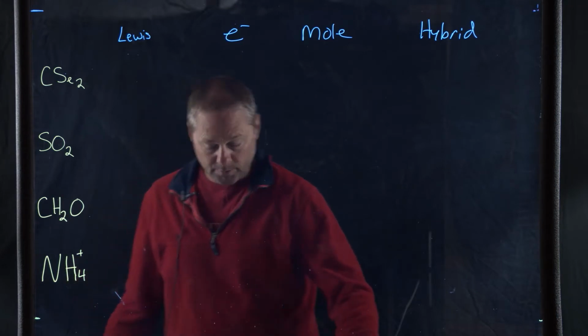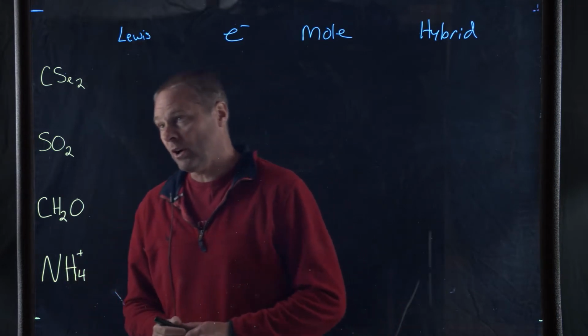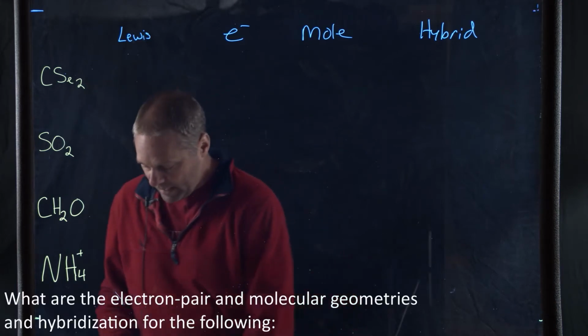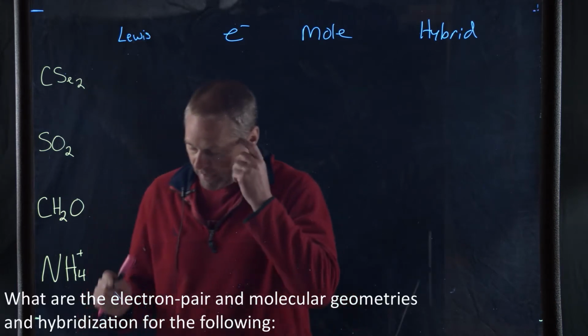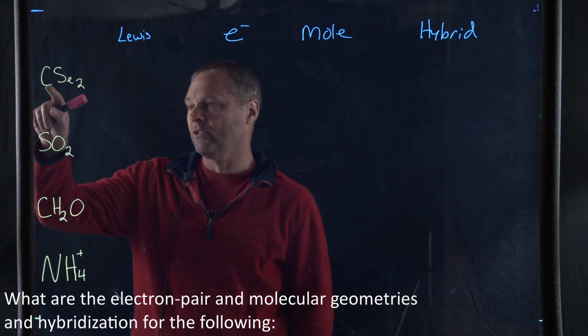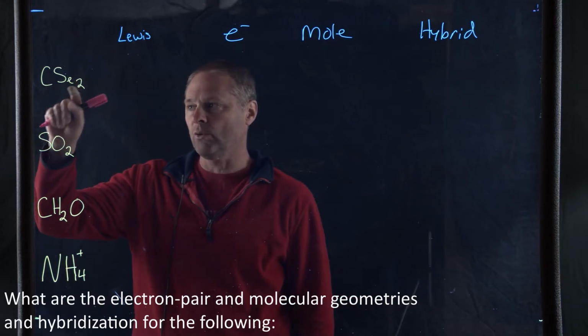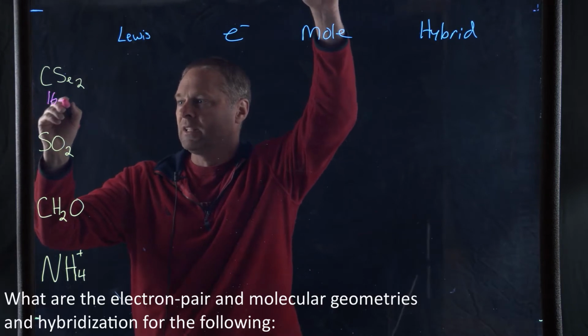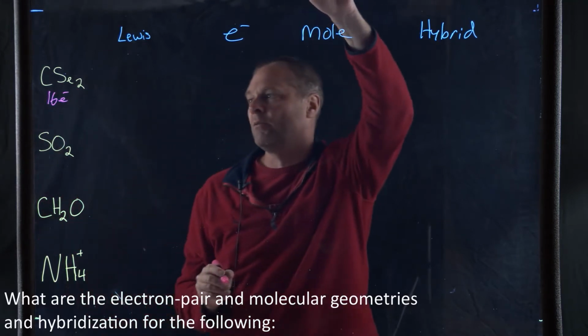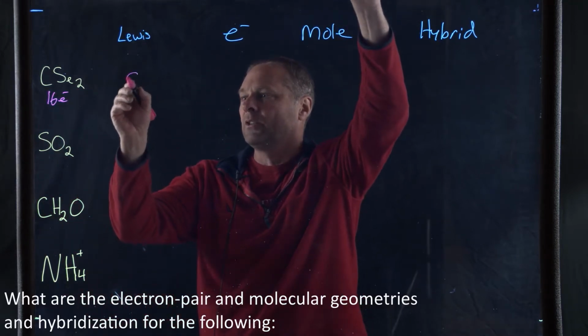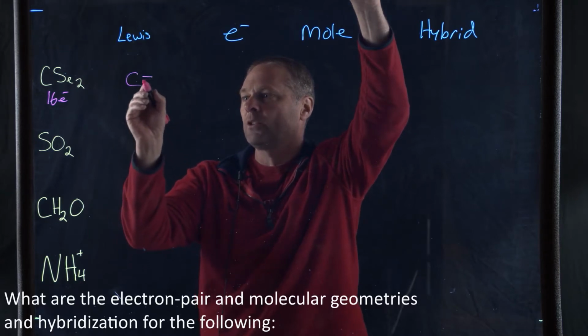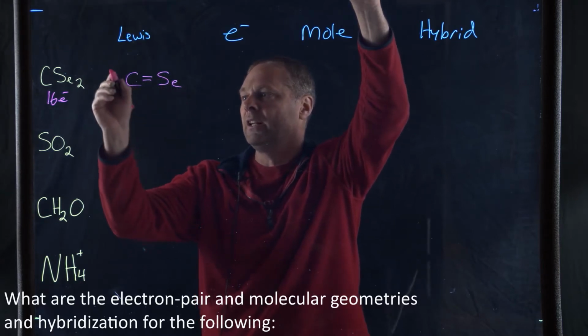So let's get started. We start with the carbon diselenide, and if we count the number of electrons, there's going to be 4 electrons for carbon. Each selenium is going to have 6, so 2 times 6 is 12 plus 4 is going to be 16 electrons we have to account for. Now carbon is going to be our central atom. It's going to be double bonded to the seleniums.